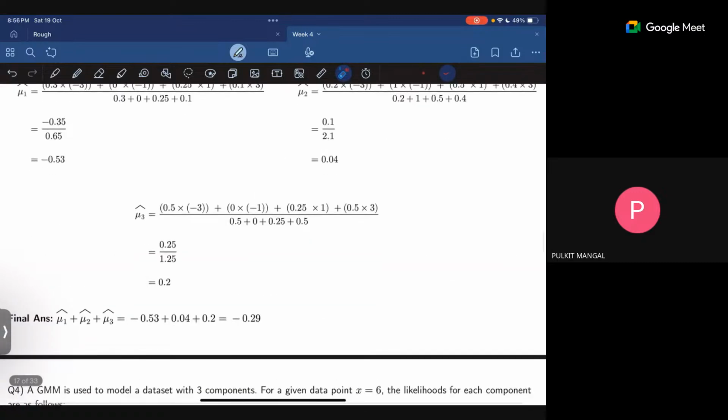And if you look at here, that's what we have done here. Okay, sir. Thank you. And the question is asking for the summation of all the updated means, that is -0.29.